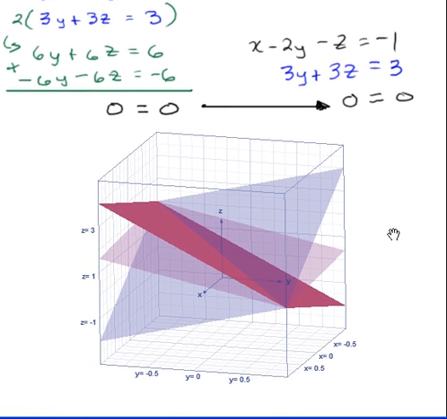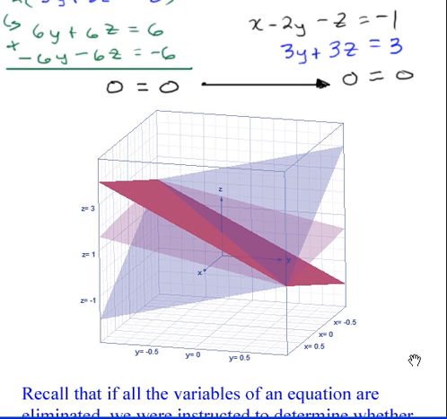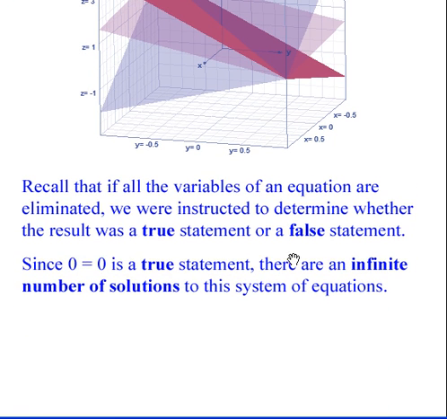And if you can recall way back to early on, we said that if you're solving an equation and all of the variables in that equation are eliminated, the thing to do is to determine if what's left is true or false. Now 0 equals 0 is obviously true. So since it's true, that means there's an infinite number of solutions.